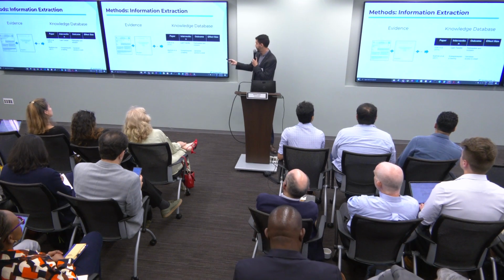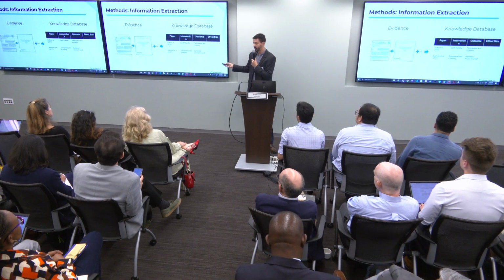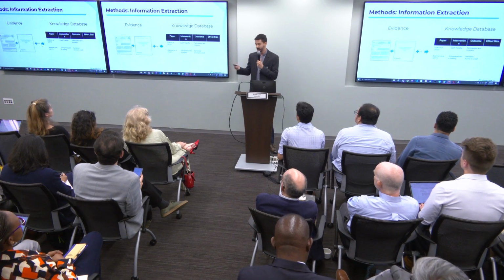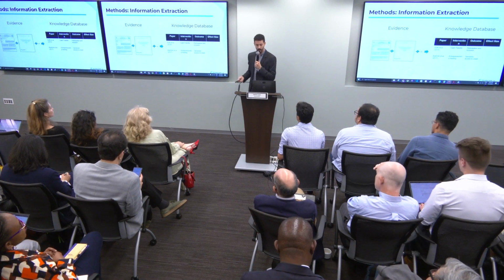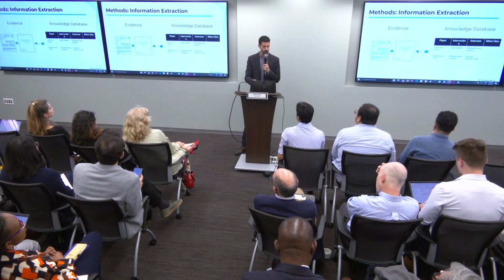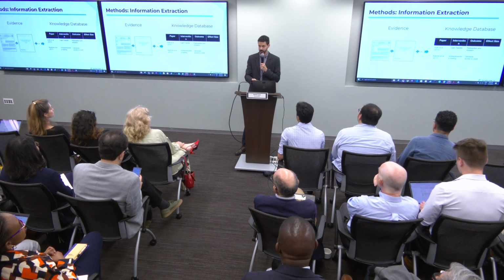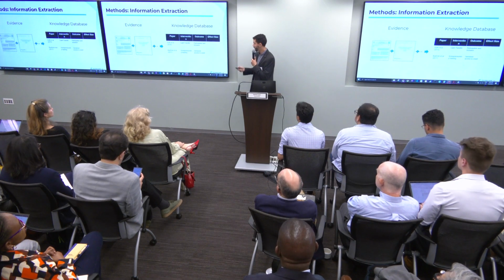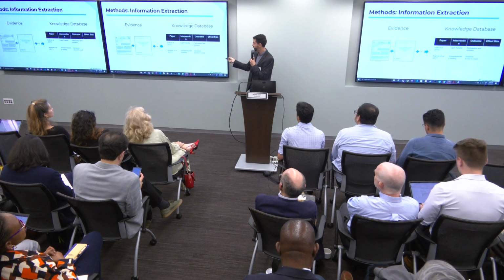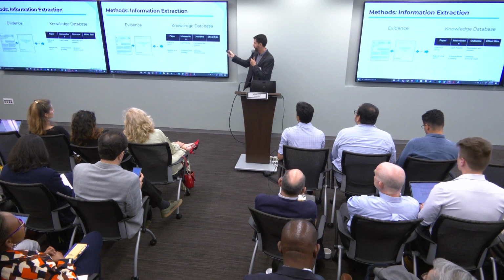Here it's just a simplification of that scheme. As Xin was mentioning, there is the IDEAL initiative, which provides an encoding for causal information found in these papers, which is way more complex. But this is a simplification. So we get this information for each of those papers and augment the knowledge database.